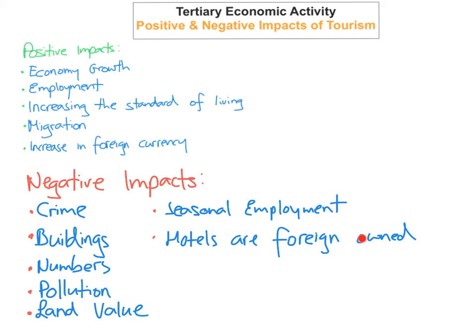For example, if we use Spain again, if the hotel is owned by a big American businessman, all the money is going to go back into his bank account in the US. So the money is not going to stay in Spain and improve their economy. It's going to go back into America and improve the US's economy. So this could be a huge problem with foreign-owned hotels.